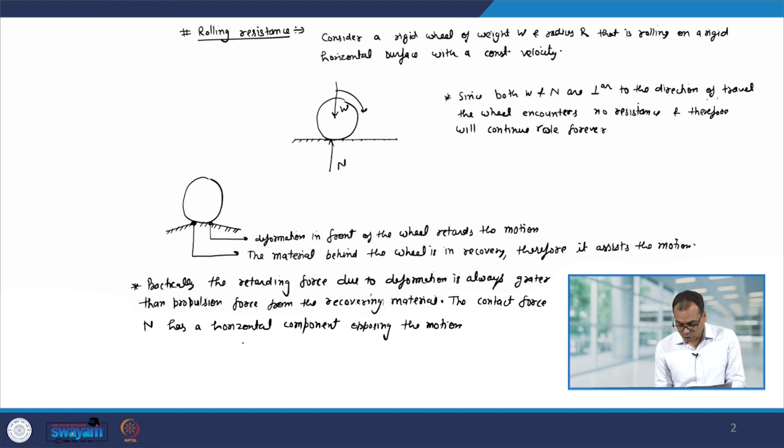So, practically the situation is the following, we have this wheel which is rolling on the surface. Let us say its weight is W, then N is going to act such that it will oppose the motion, and this reaction force N has to pass through the center of the wheel.